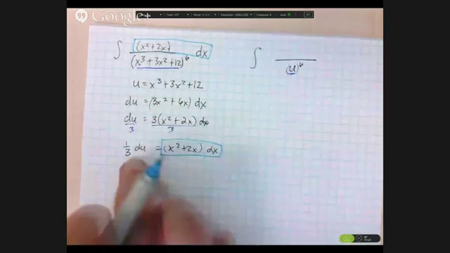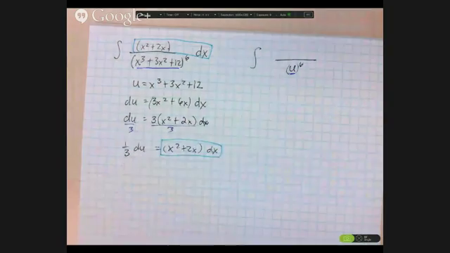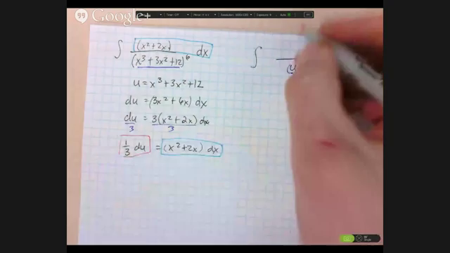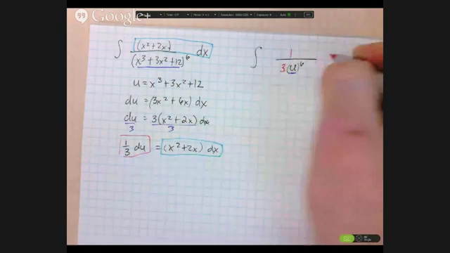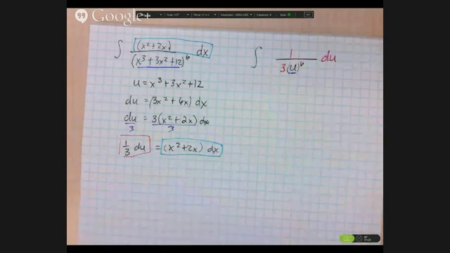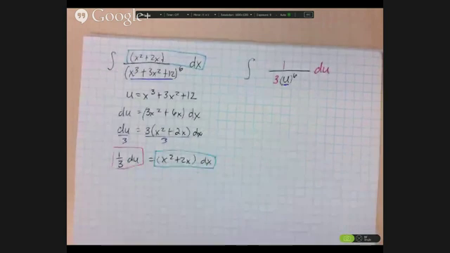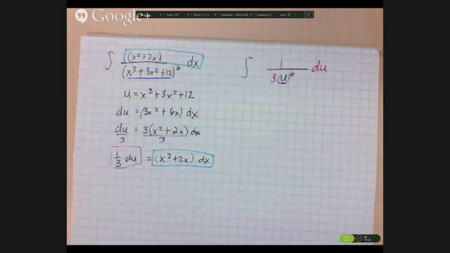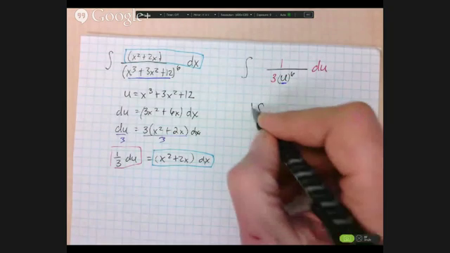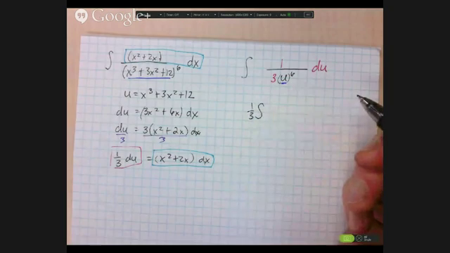We're going to replace it with 1/3 du. Still there? Hanging with? Okay. Make that a power rule problem by, if you want, moving the third out front.